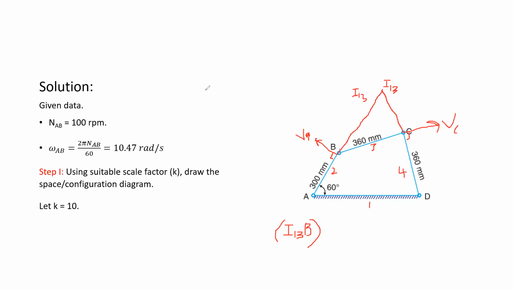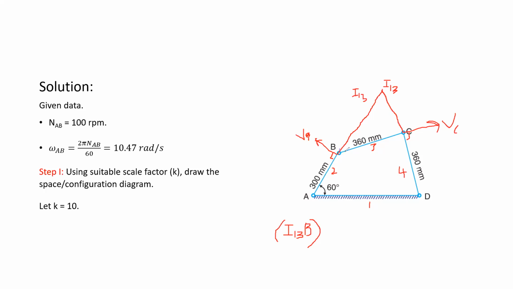Okay, because we know that when a circular motion is happening, the tangential velocity V is perpendicular to the radius, right? So what we did, this is the direction, so perpendicular to that we extended this line in this direction.